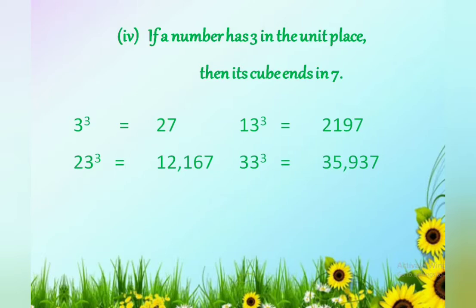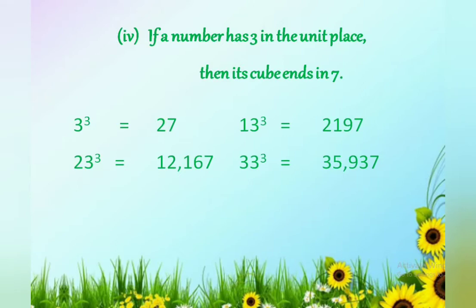It is 2197. Here also 7 comes in the unit place. Check for 23 cube. It is 12,167. 7 comes in the unit place of the answer. So, it is true for all numbers having the digit 3 in the unit place.